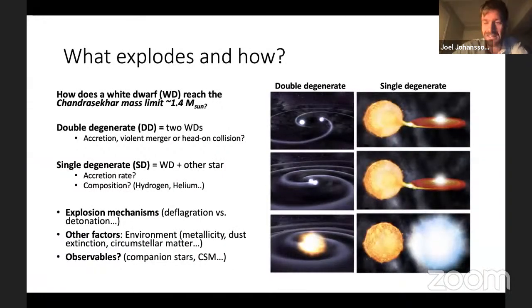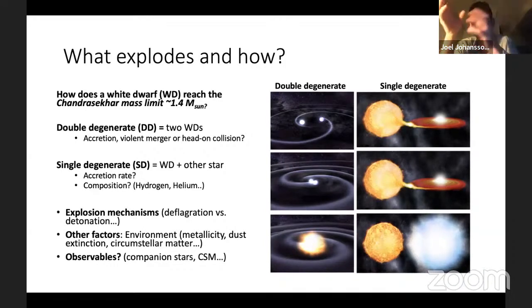So if you have been into astronomy for a couple of years at least, you are bound to have seen these cartoons that I'm showing, and there hasn't really been much progress in the last two decades on this question. So type Ia supernovae are thought to be, well, we have pretty good evidence that it's at least a white dwarf that explodes, and it does that by reaching this Chandrasekhar mass limit of roughly 1.4 solar masses.